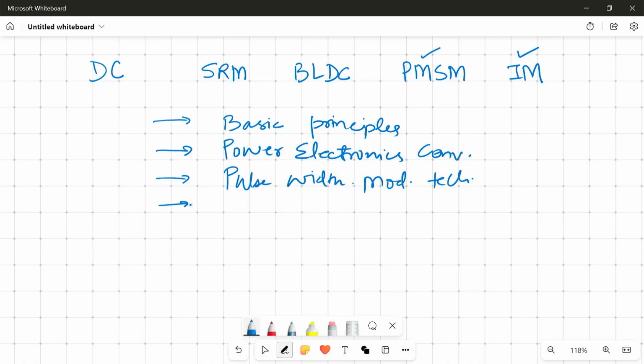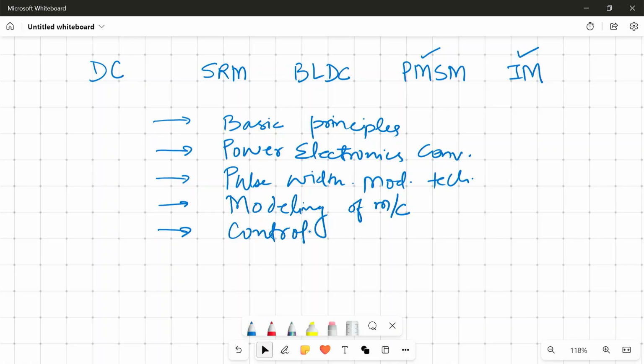After this, we would take a closer look at the modeling of these machines in a reference frame or in a domain where the control principles can be developed conveniently. Further, we would discuss the dynamics and control of these motor drives.